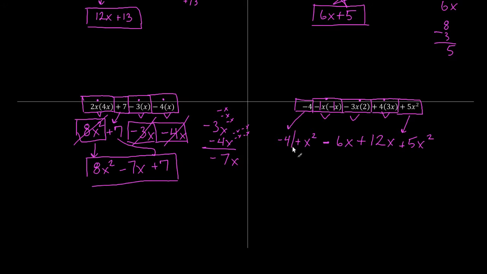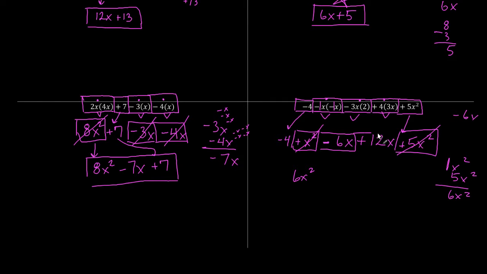So let's find our highest exponent, x to the second power. So we have x to the second power and 5x to the second power. Don't forget that there's a 1 in there, it's not 0. So we get 6x to the second power. Now we have negative 6x and plus 12x.